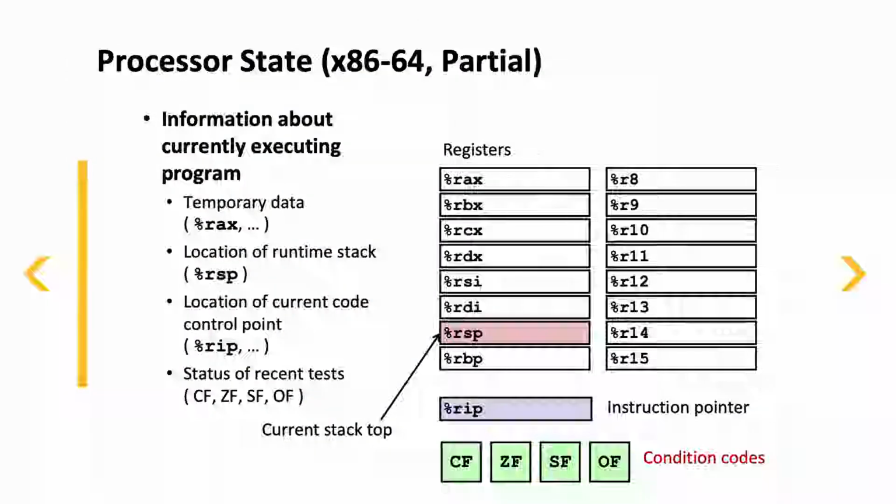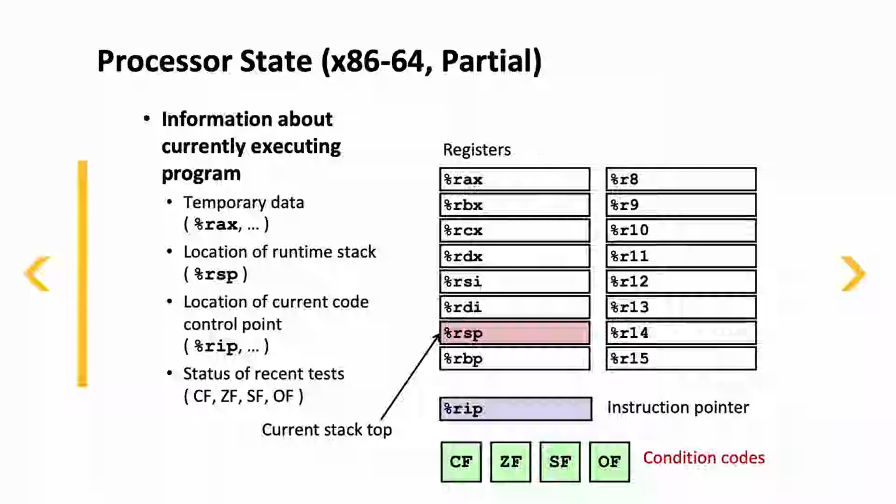Now, there are some parts of the processor state that are of particular interest when we are talking about controlling the execution of a program. We get temporary data in something like RAX. We've talked about how RDI and RSI get parameters, etc. But what we want to focus on are, first of all, RSP. Now remember, we keep saying, stay away from that.